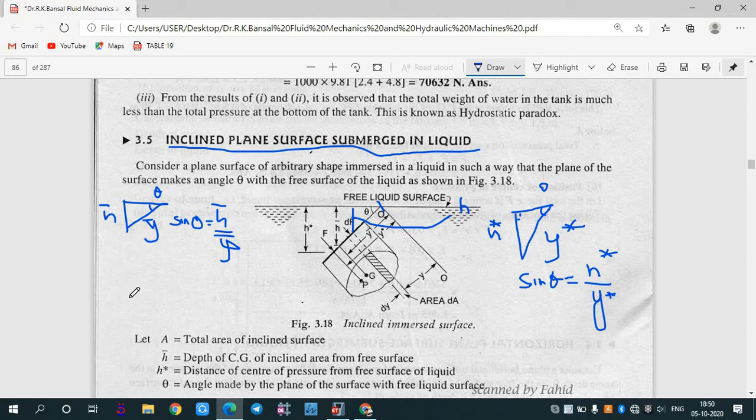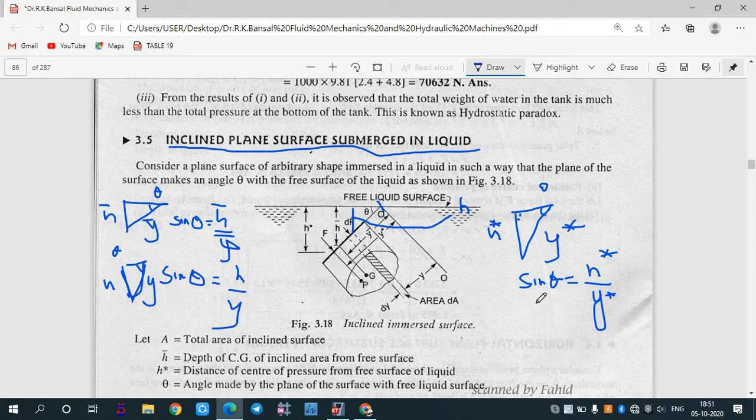So the next triangle is this: this is h, this is y, again the angle is theta. So sine theta will become h by y.